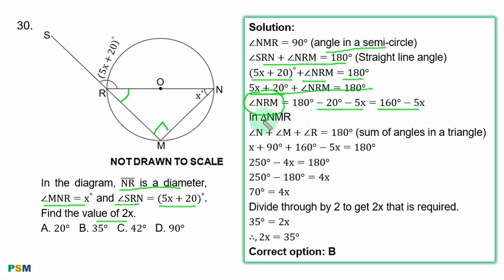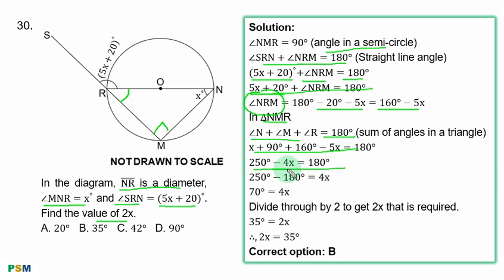In triangle NM arrow, the three angles are known. You add them together, the sum is equal to 180 degrees.